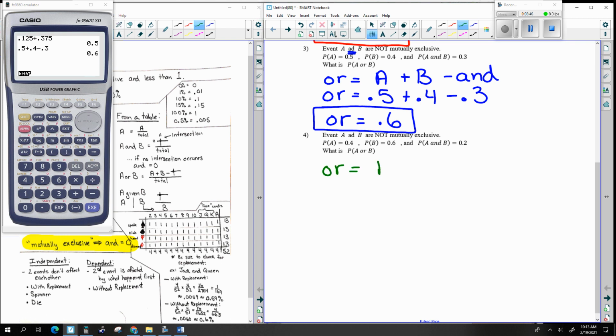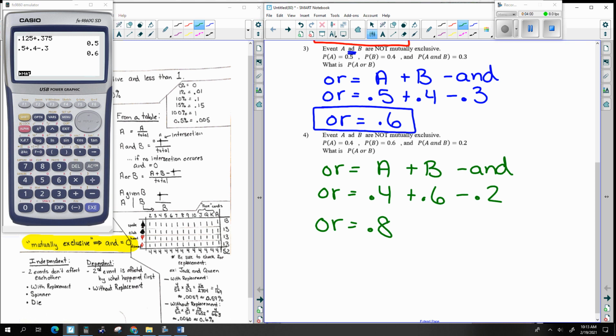Or is A plus B minus and. So or in this situation is 0.4 plus 0.6 minus 0.2, and that comes out to be 0.8. Easy peasy lemon squeezy.